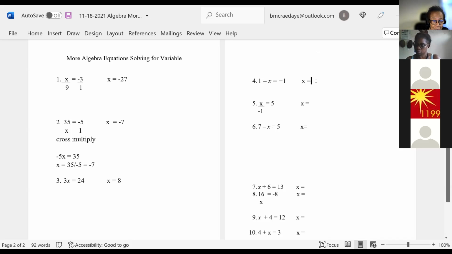x is equal to 2, Maureen. Remember, you have a minus and a plus, so you subtract: a minus 2 and a plus 1, you subtract, and since you have more negative than positive, your answer would be negative, minus 1.